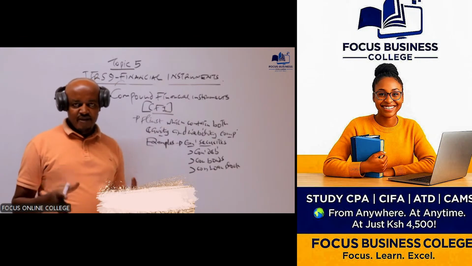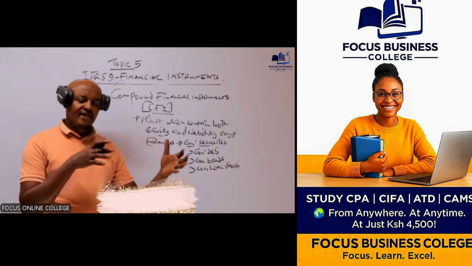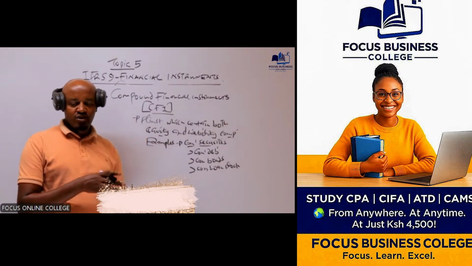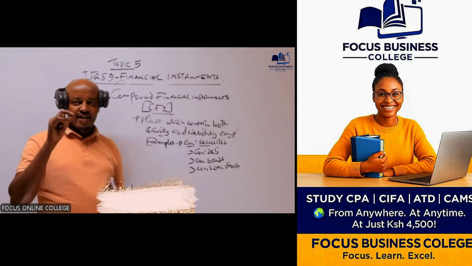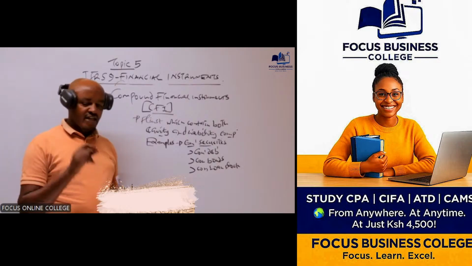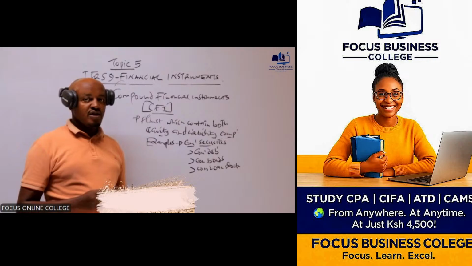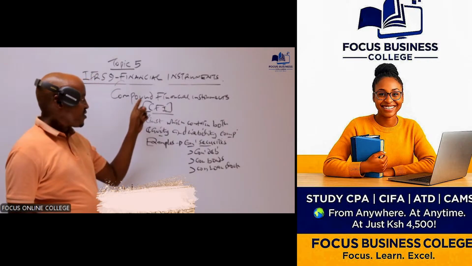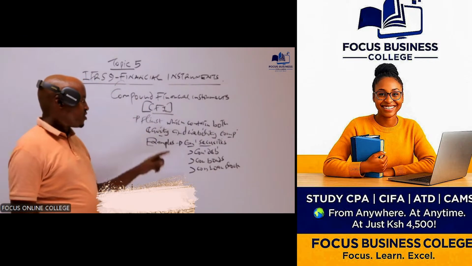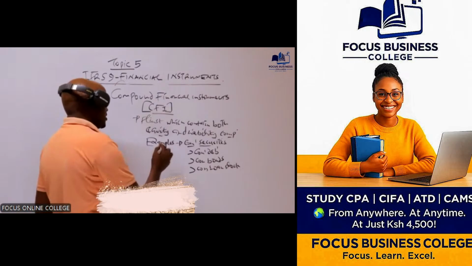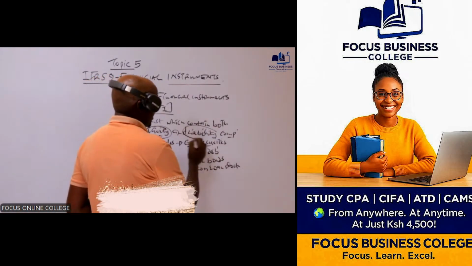These are debentures which you can convert into ordinary shares of the company. So anytime you come across a debt instrument, like debentures, bonds, or loan stock, which are convertible, then we say that they are compound financial instruments. They contain both equity and liability component.